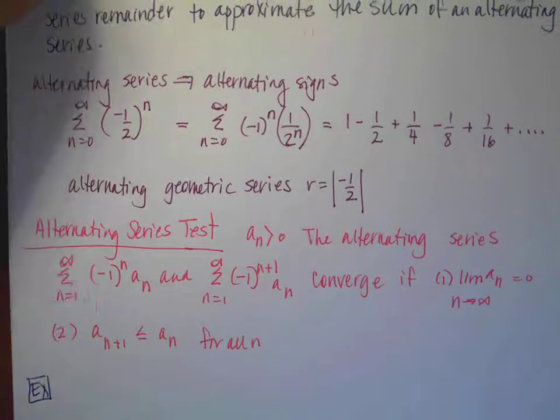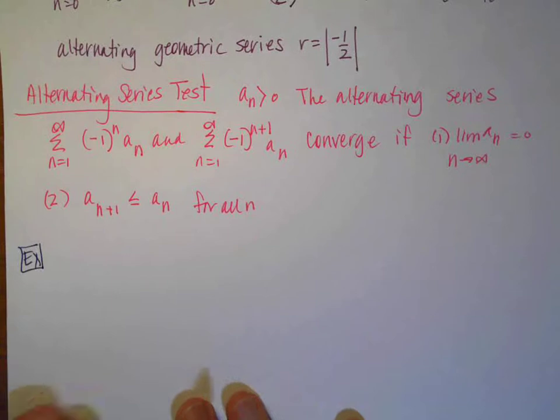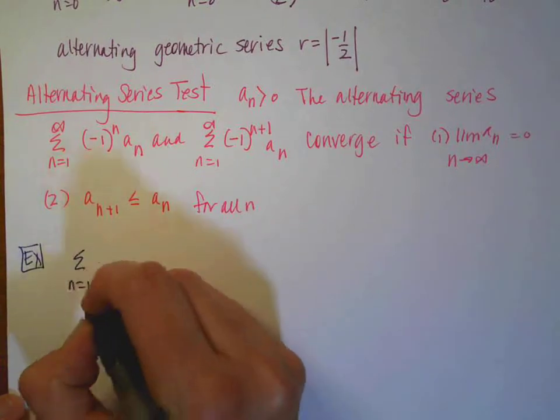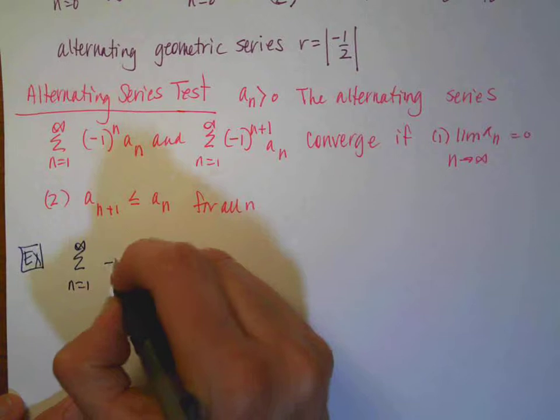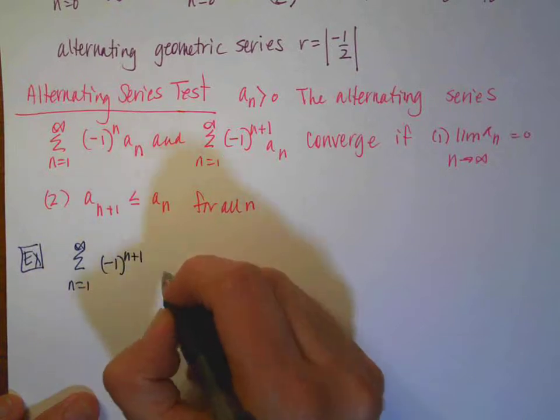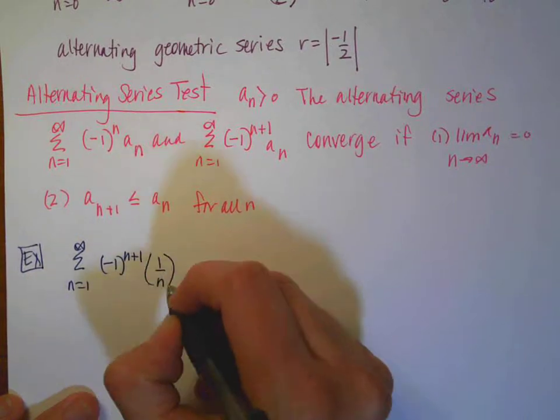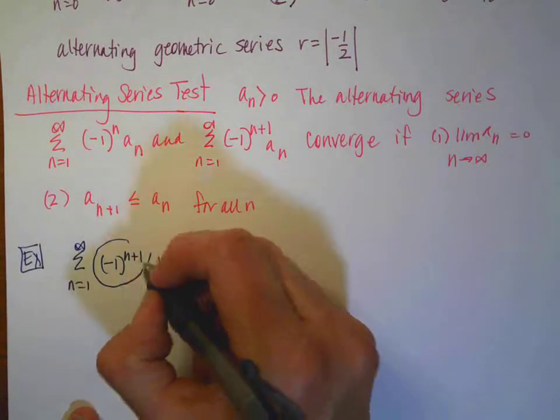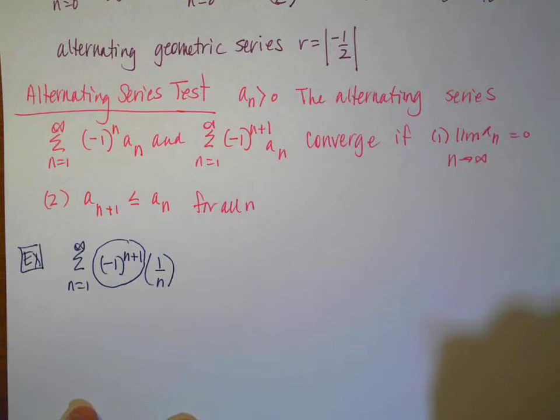So all of our examples say determine whether the series converges or diverges. So in the interest of time, I'm not going to write that down, but those are our directions. And so our particular series is going to be n is equal to 1 to infinity of a negative 1 to the n plus 1 times 1 over n. Alrighty, so when I take the limit, I kind of ignore the alternating part.